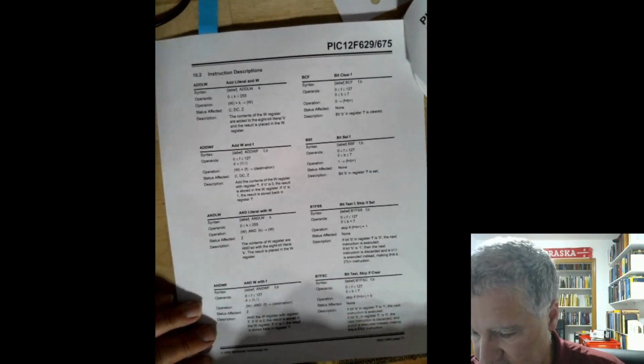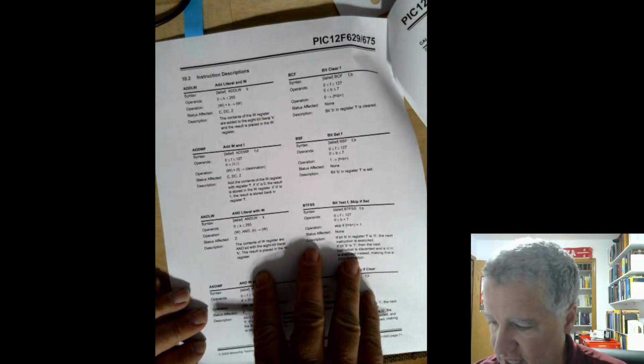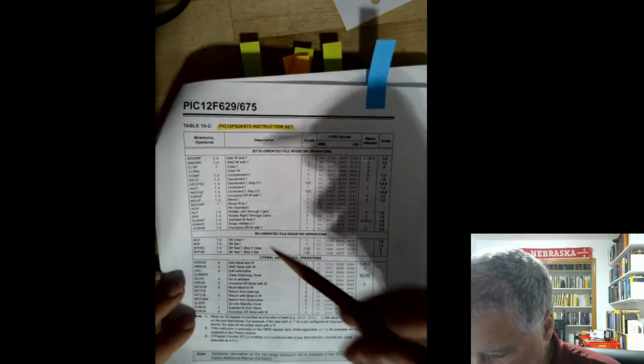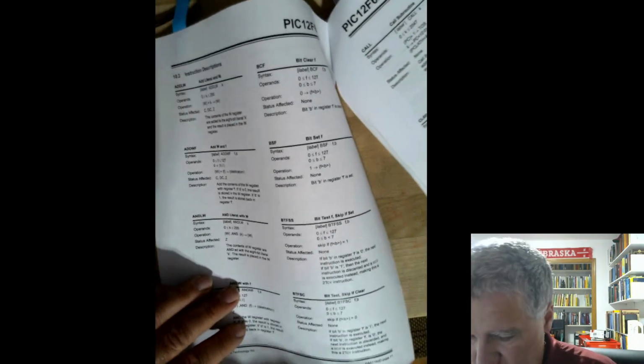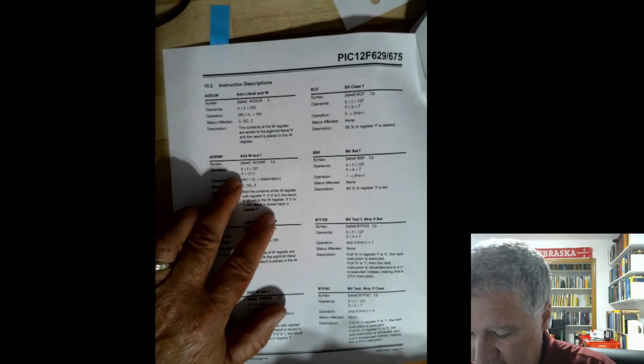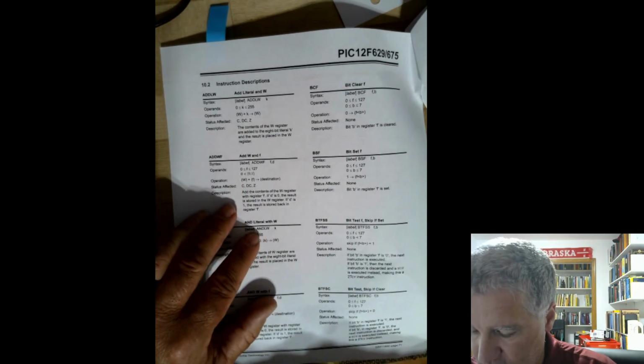All right, the nice thing about the data sheet is that the instruction set, in addition to that summary, which has kind of the basic structure here on how to use it, in the data sheet you can find every single one of these, and then how it's used.